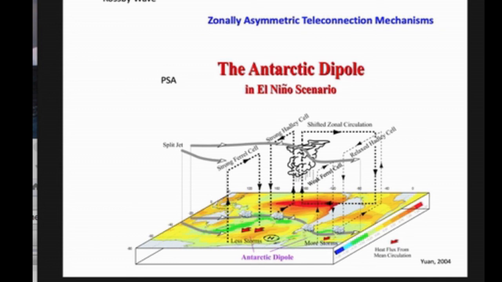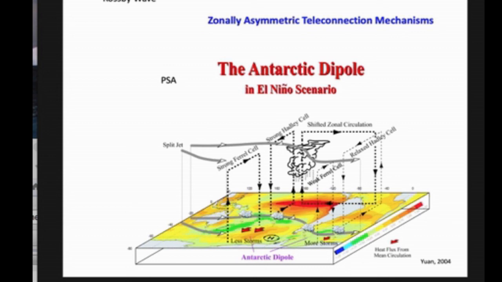And the second is this paper I published in 2004. It's a good illustration of the asymmetric response between polar and high latitudes. This is particularly focused on Antarctica. As we know, in this El Nino example, when we have a warm tropical SST, deep convection strengthens the Hadley cell, which was discussed in the Chen 1996 paper.